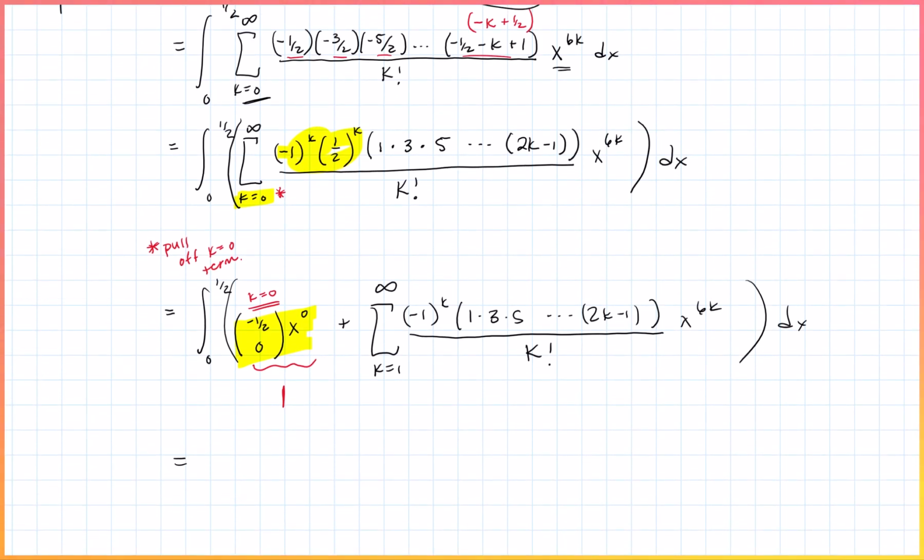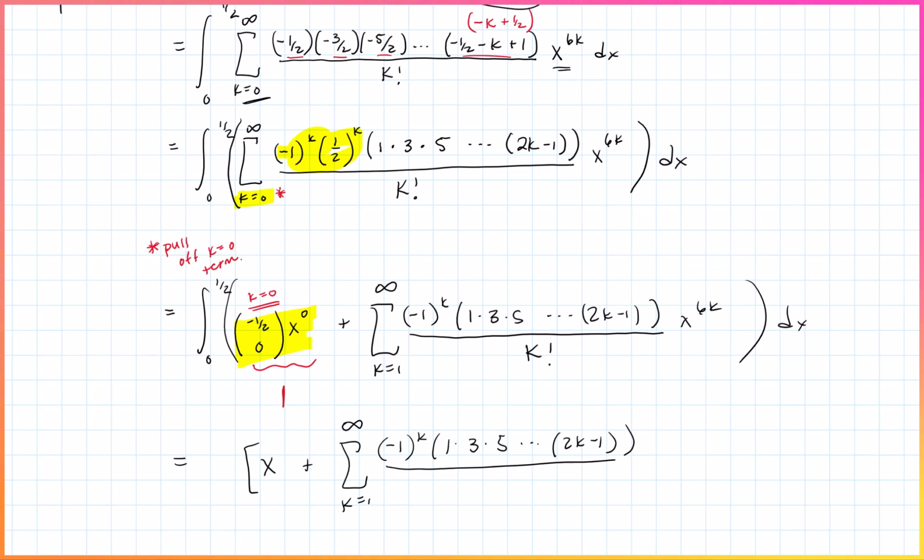Now when we integrate, we end up with x for the first term plus the power series from k equals 1 to infinity. We have negative 1. My little simplification works for all k's greater than or equal to 1. So this is 2k minus 1 all over k factorial, and we're going to integrate x to the 6k.